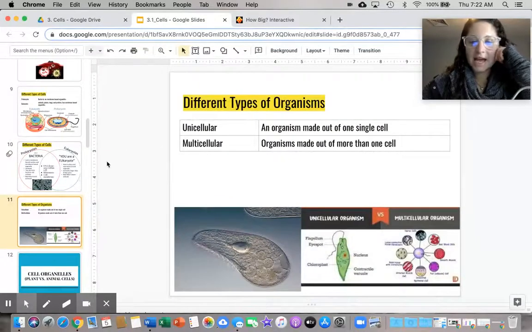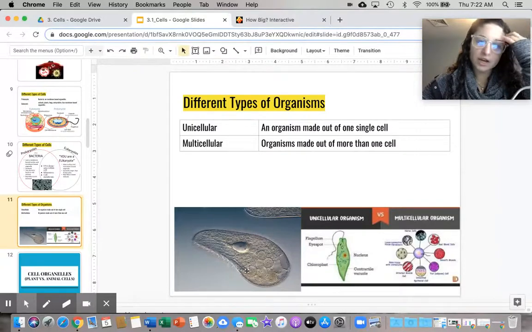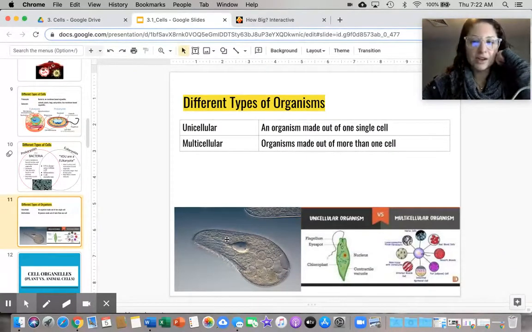And then the last part, I've been talking about unicellular versus multicellular. So uni means one. So unicellular is an organism made out of one single cell. And then multicellular, multi means many. So multicellular organisms are made out of more than one cell. So again, here's a picture of a unicellular eukaryotic organism. So this cell right here actually has different cell organelles inside of it.